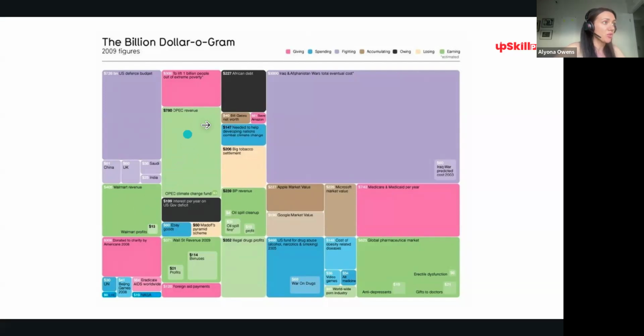Then there's OPEC revenue, which is also a government expense. Climate change fund is 3 billion. The OPEC revenue is 780 billion. And donation to charity by Americans 2008 is 308 billion. Foreign aid payment is 120.